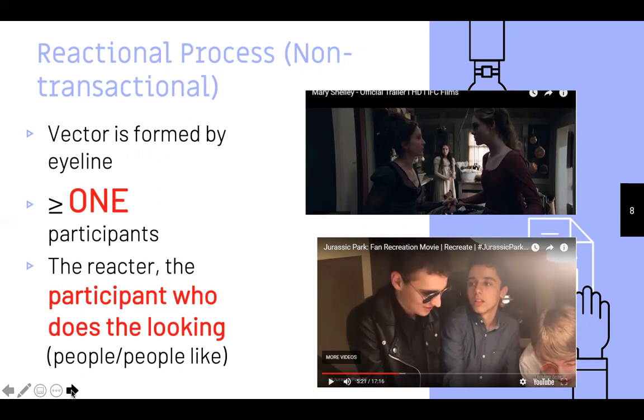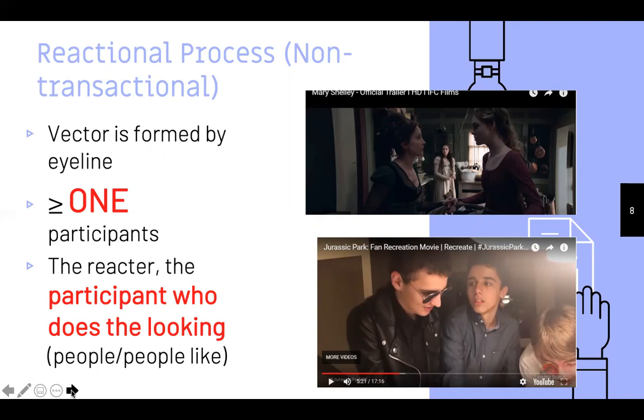If you see the first image at the top there, the lady at the back in the background is looking at the participants in the front. So she is the reactor, and this is a non-transactional process because the participants in the front are not looking at her.